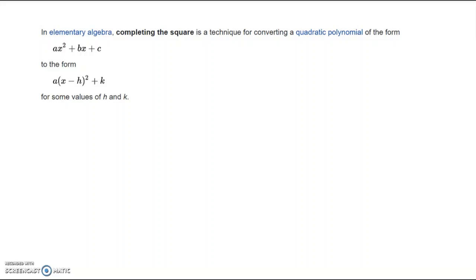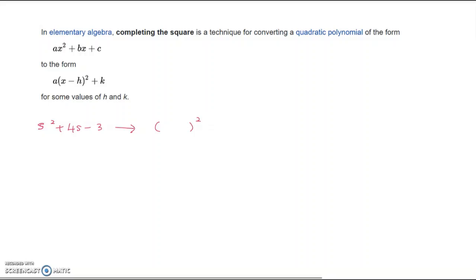For example, if you have s squared plus 4s minus 3. This one cannot be written in the form of bracket times bracket, so we need to do completing the square. It means we want to write in this form, plus or minus something.